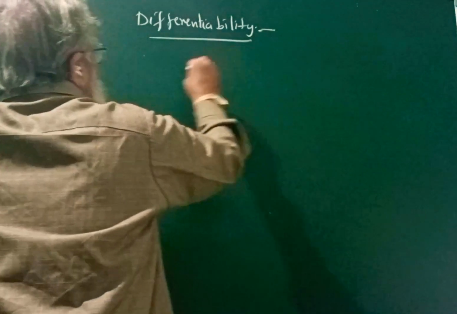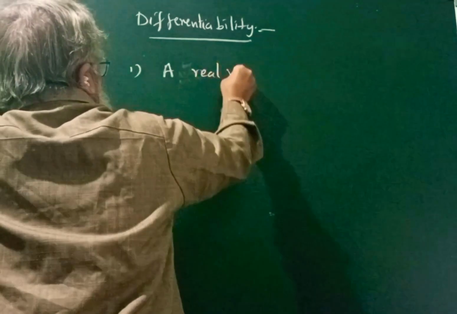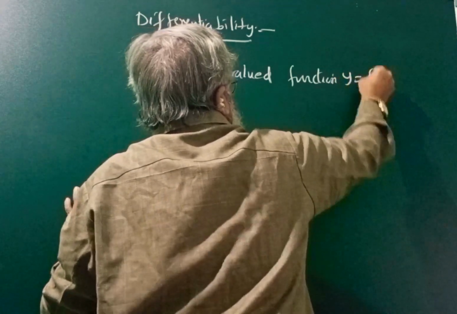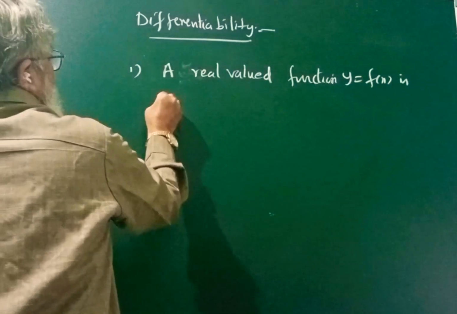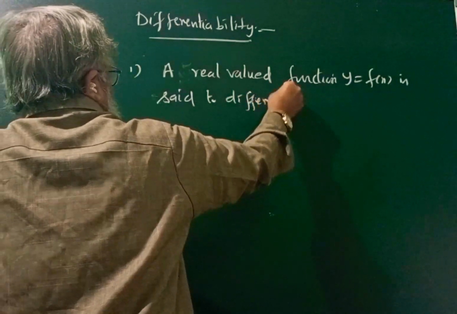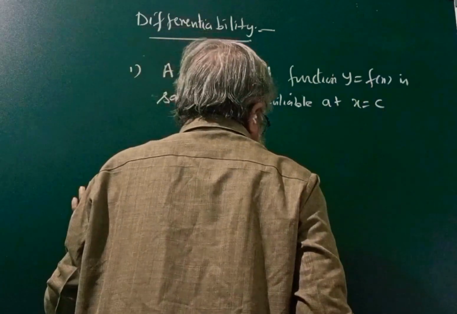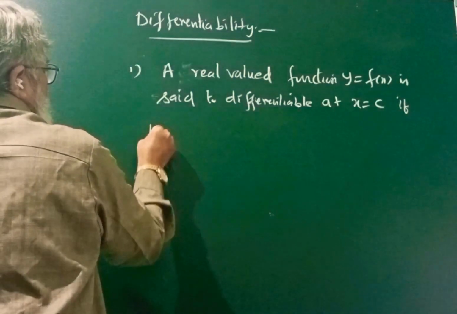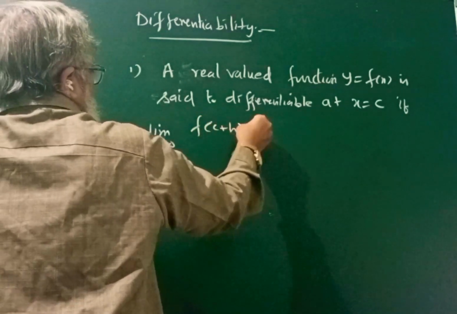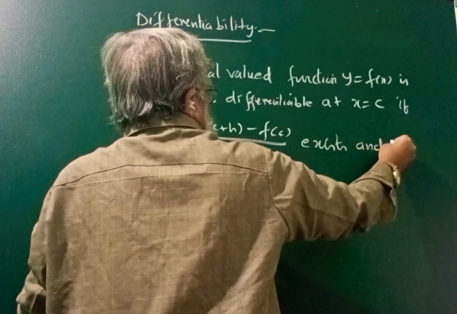Now see here, first one, definition. A real valued function y is equal to f(x) is said to be differentiable at x is equal to c if the limit as h tends to 0 of f(c plus h) minus f(c) divided by h exists and is unique.